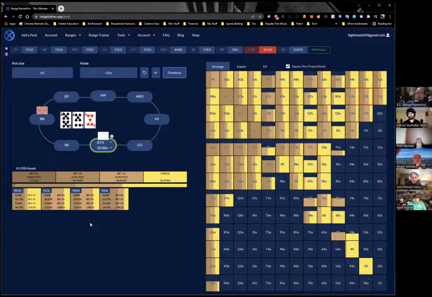Which is really interesting because essentially what's happening here is it's using these non-spade draw, non-backdoors as pure bluff candidates in order to balance A, other king three hands, and B, the rest of the range.